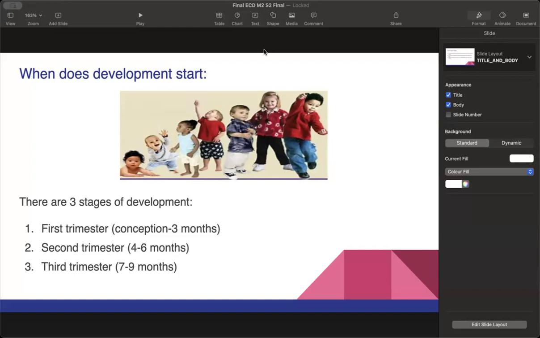Most of us will know from old folks' tales, as well as from experience, that the first trimester is the most fragile of all the stages of development during pregnancy. It is during this time that a lot of miscarriages happen. It's during this time that people don't even know that they are pregnant, and the pregnancies get affected negatively.